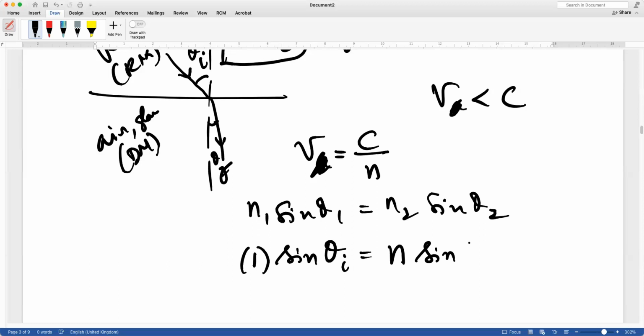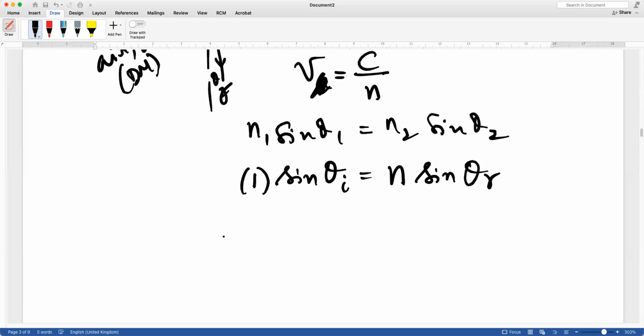Then we can rearrange: the refractive index of any medium can be calculated by sine theta I, in vacuum actually, over sine theta R. Is that okay?